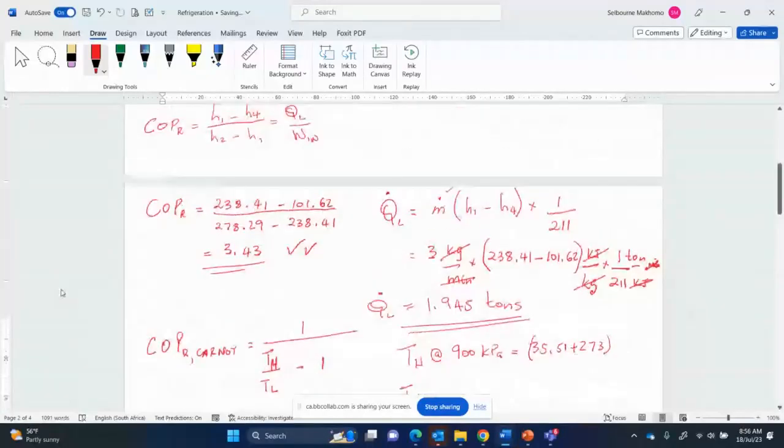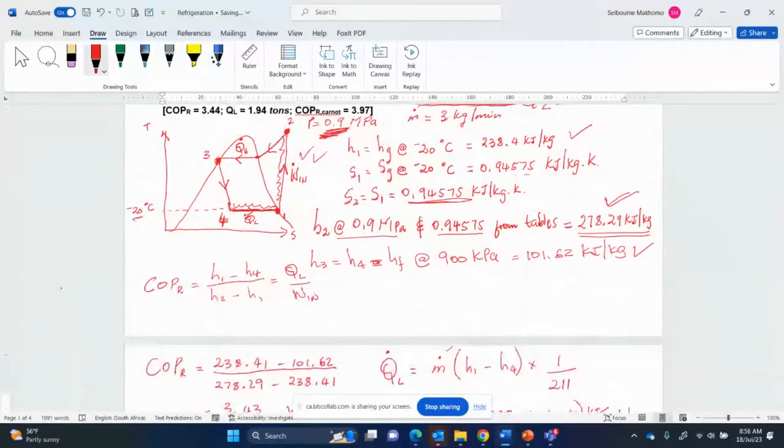How do we get this TH and TL? All you need to do, the lowest temperature is here, and the highest temperature is there. So TH here is 35.51 degrees Celsius. So your Carnot is operating between these two temperatures, between the extreme temperatures, the highest temperature and the lowest temperature. So 35 is coming from the tables at 900 kPa because the pressure from 3 up to 2 is 900 kPa.